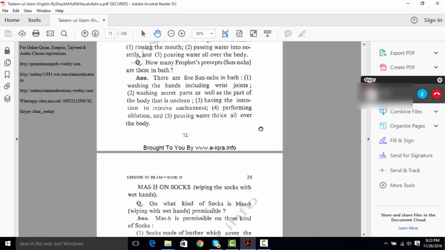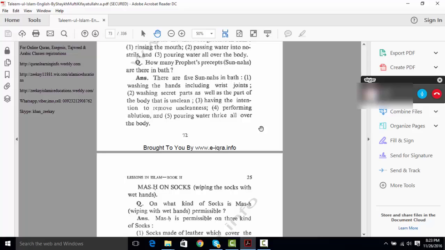Number three, having the intention to remove uncleanness. You should intend that you are going to have a bath. Understand? This intention is sunnat in bath. This is also sunnat in ablution, but you should remember that it was first commanded in salah.